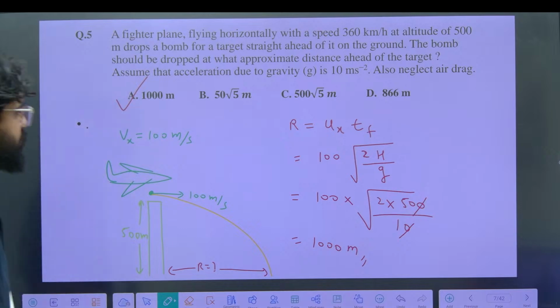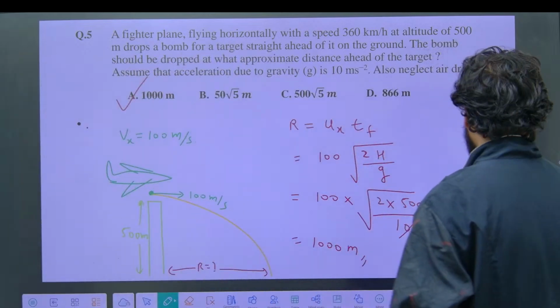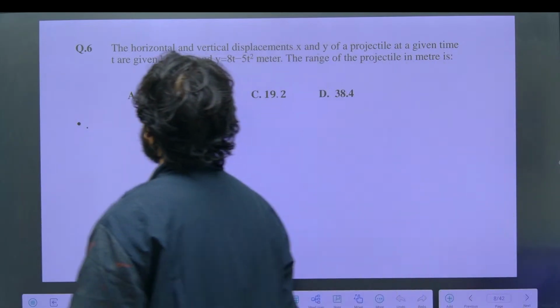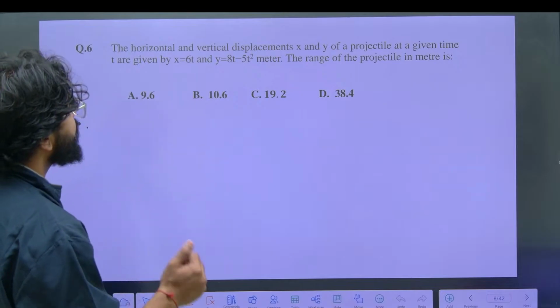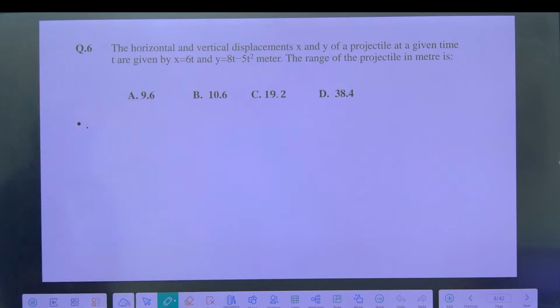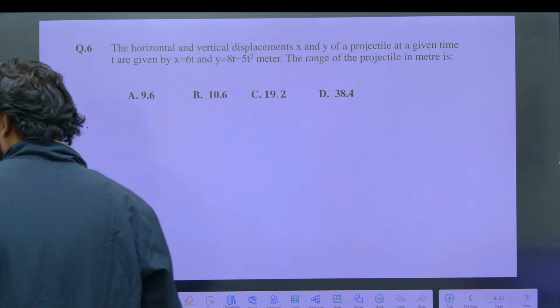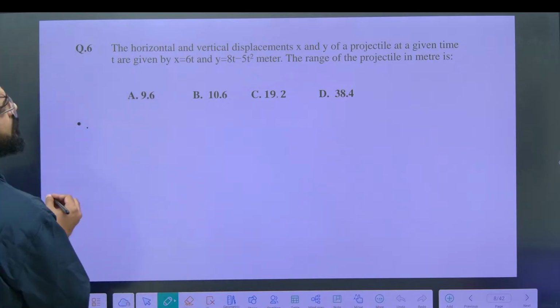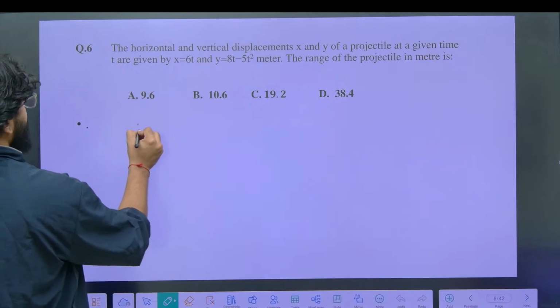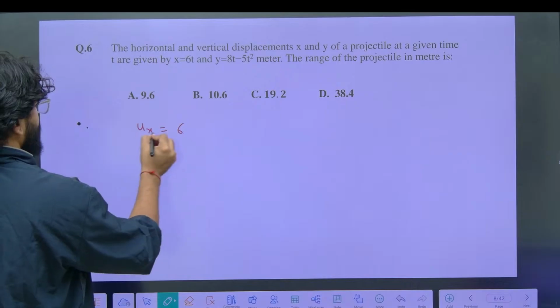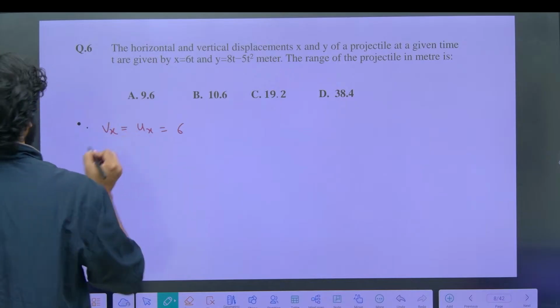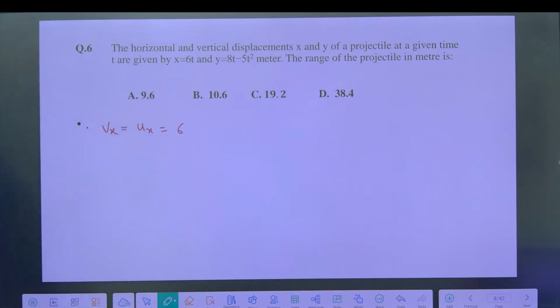Now the next question. The horizontal and vertical displacements x and y of a projectile at a given time t are given. The range of the projectile in meters is. No issues. We can calculate ux, that is 6, which is vx at any point.